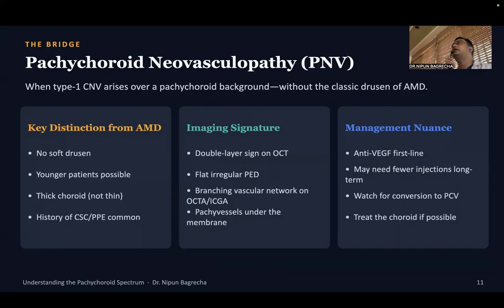But the pachychoroid is with a thicker choroid, and pachychoroid neovasculopathy will require a slightly stronger anti-VEGF as compared to wet age-related macular degeneration. The wet age-related macular degeneration will have a thinner choroid. And pachychoroid neovasculopathy will have mostly younger patients, and wet age-related macular degeneration will have an older age group.